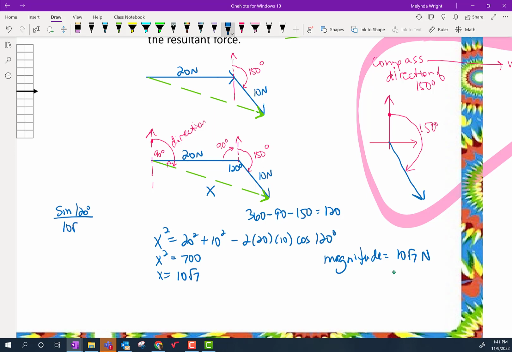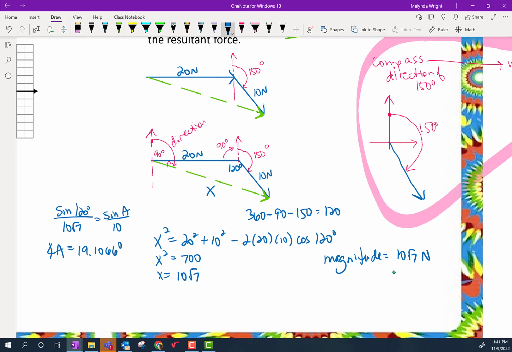It was 10 root 7, equals sine of A over 10. We've done this quite a few times, so we should be fairly comfortable with it. When you're done, the measure of angle A is going to end up being 19.1066 degrees.